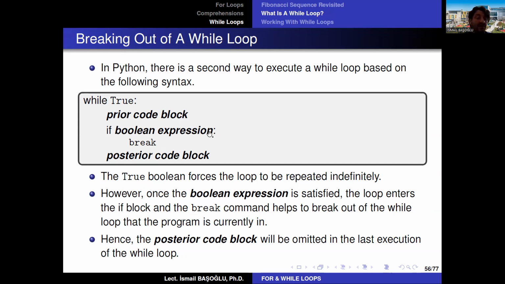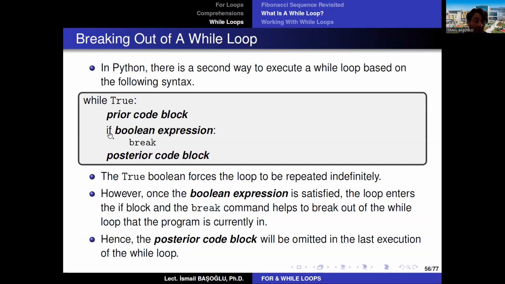If that Boolean expression is satisfied, we write a break command, indented. And that break command, when this Boolean expression is satisfied, will directly bring us to the next command line in our program, which will break us out of the while loop, okay? Just like a prison break, okay?